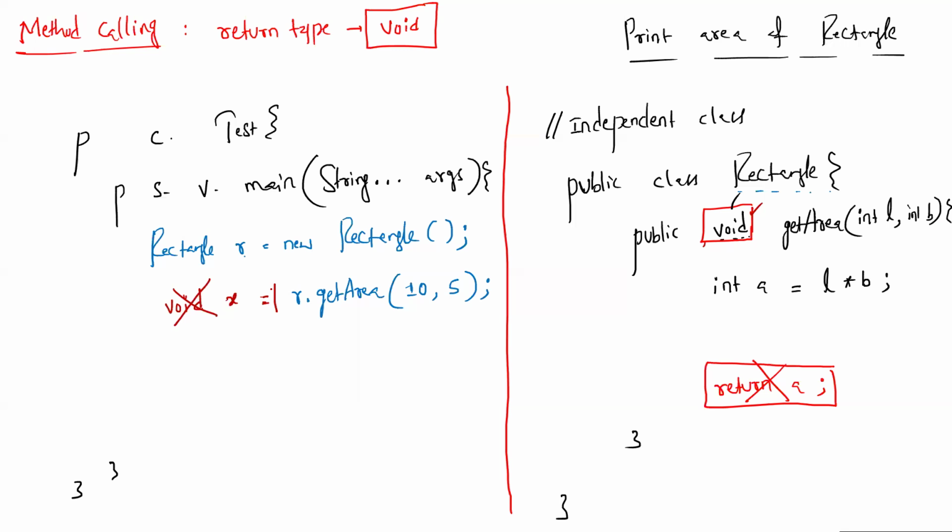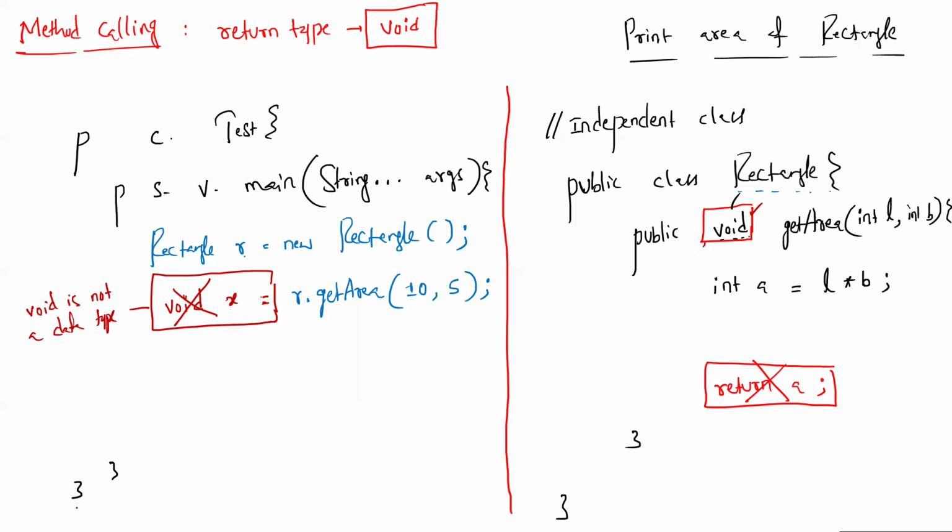This part is a syntax error. The reason is that void is not a data type. So if void is not a data type, the first approach is incorrect.